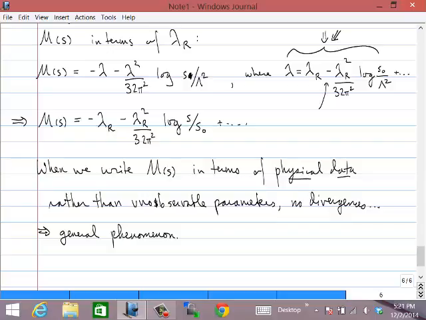There are some theories which are renormalizable theories, where you can make predictions in terms of only a finite number of coupling constants, things like the values of these lambda renormalized that I wrote down for you earlier. And there are other theories where, in order to make a prediction, you would need to specify an infinite number of parameters. Okay? These are called non-renormalizable theories.